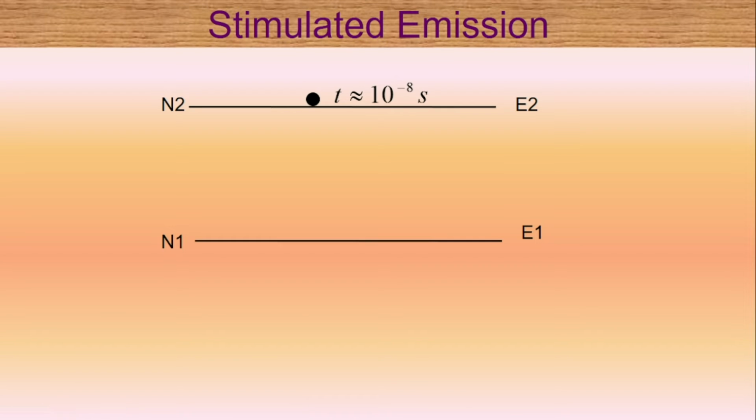Now let us see about stimulated emission. When an atom is in excited state, if we want to take this excited atom to ground state before its lifetime, then if we incident a photon, and the incident photon interacts with or triggers this excited atom to come down to ground state, then the atom comes down to ground state, and in this process two photons of the same energy h nu are released, and this process is called stimulated emission.